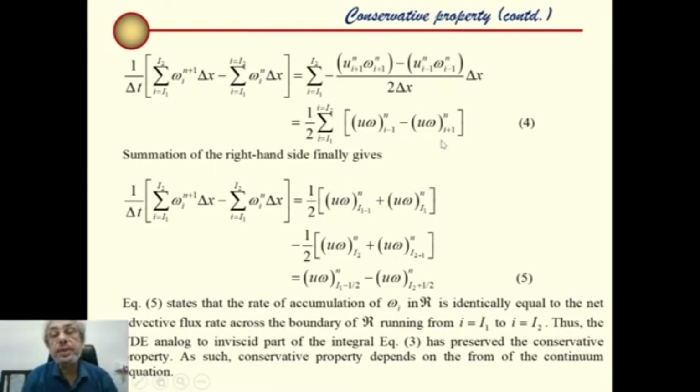If we do these substitutions, we will see that the summation series that we'll get from expression 4 in right hand side, all intermediate terms, different values of i's, that means I equal to I plus 1, I plus 2, I plus 3, etc. Those terms generated from this expression will get cancelled out.